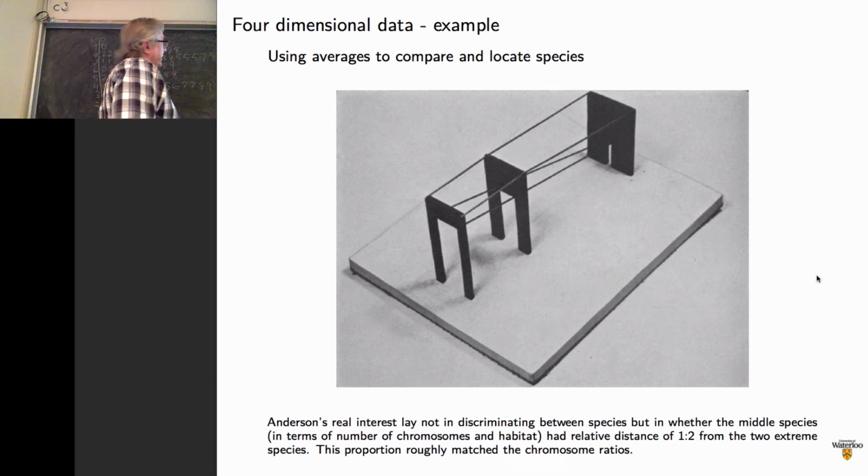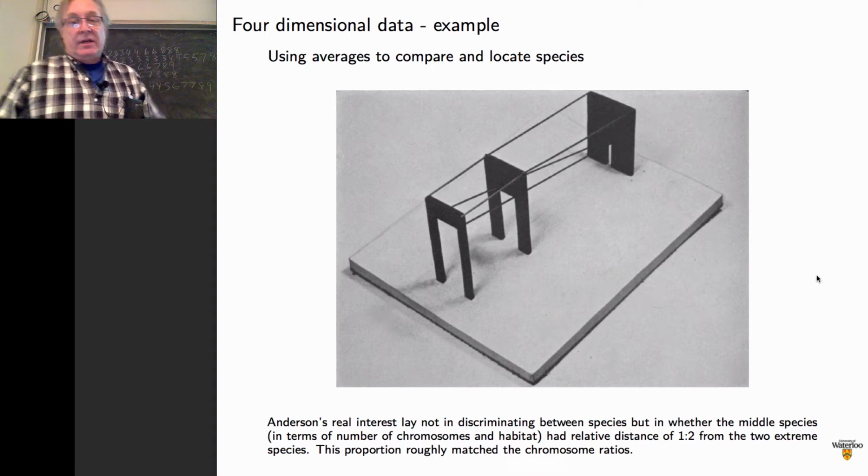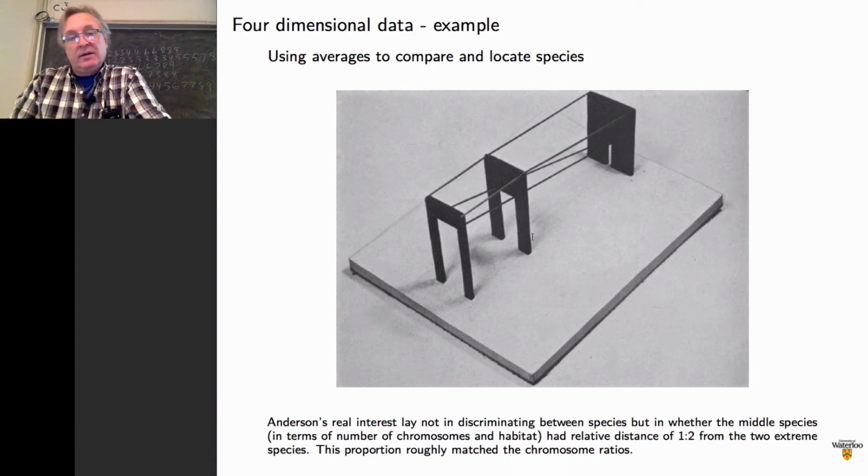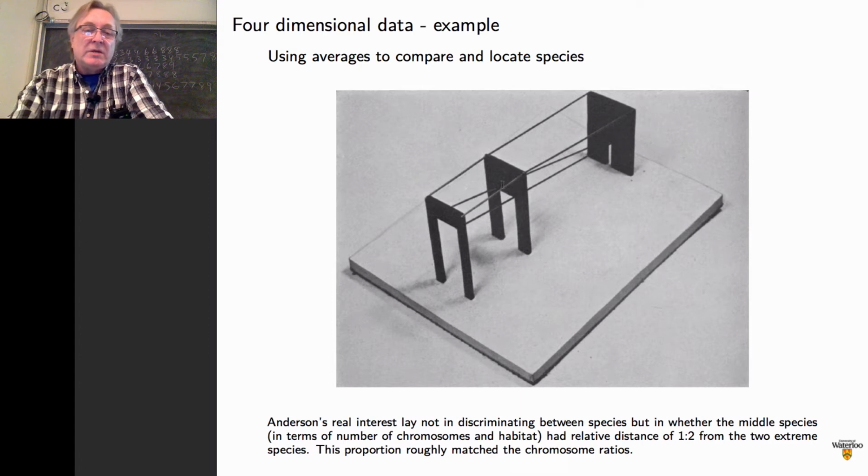And what he did then is he took these averages and he compared these 3 species. Setosa on the right, Virginica on the left, and the middle one is versicolor. And he lined these up, and an interesting aside here is that his interest was how to place this center one, versicolor.